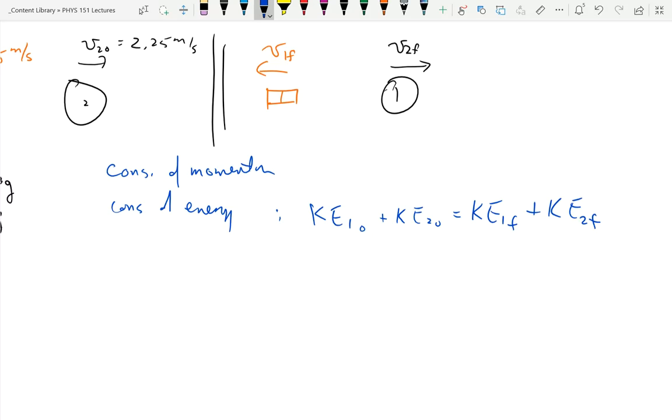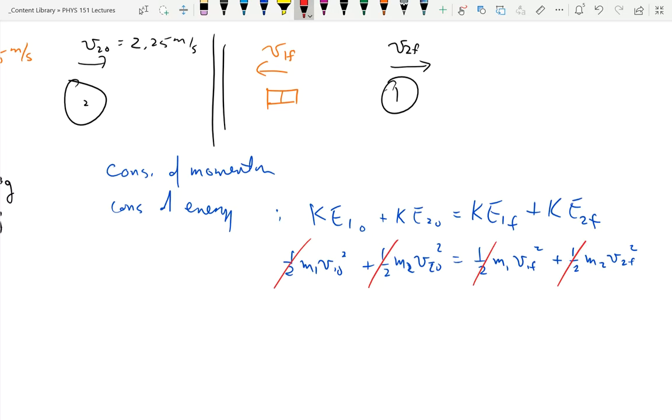Then I could substitute 1/2 m1 v1 initial squared plus 1/2 m2 v2 initial squared equals 1/2 m1 v1 final squared plus 1/2 m2 v2 final squared. And we are plenty smart enough to multiply everything by 2 and get rid of the 1/2s.